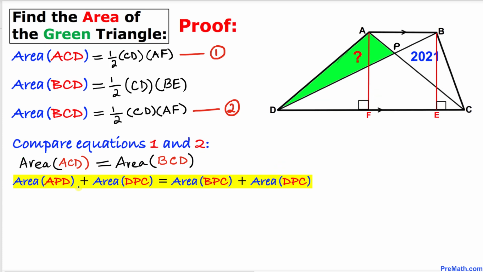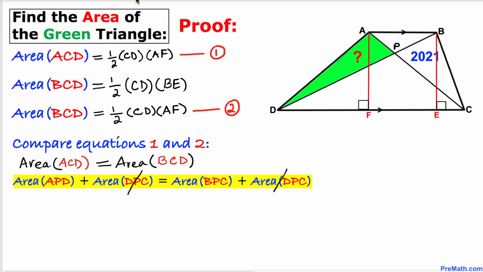In this next step, I have replaced the areas of these triangles by the individual ones. We can see that on the left hand side the area of DPC and on the right hand side DPC cancel each other out since they are the same.